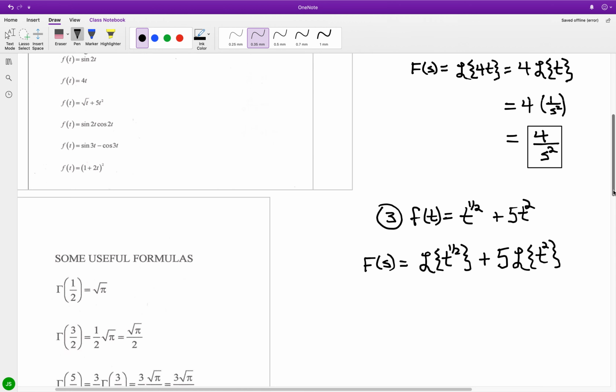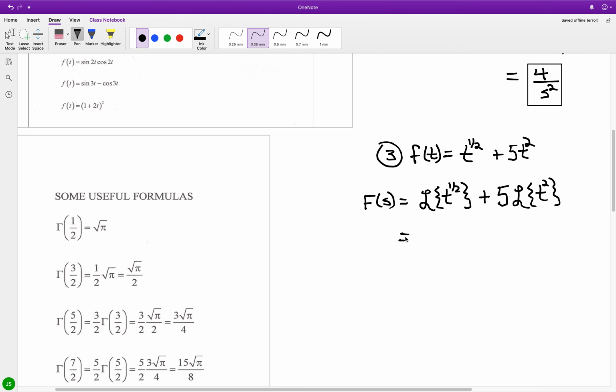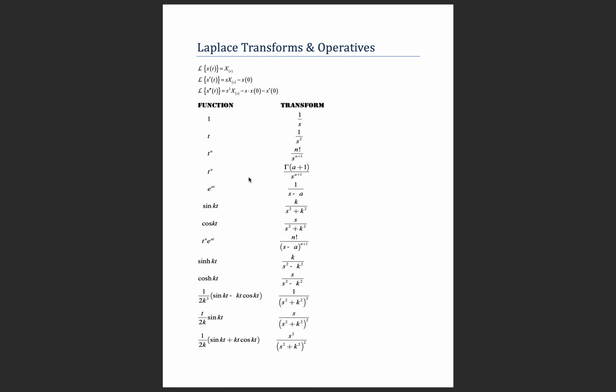And now, in adopting what we have for t to the 1/2 as well as t squared, for non-integer powers, t to the a, we have gamma of a plus 1 over s to the a plus 1, and for integer powers, t to the n, I have n factorial all over s to the n plus 1.